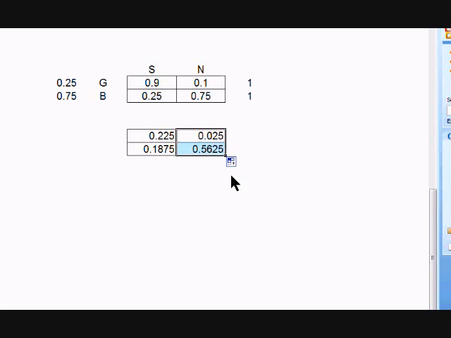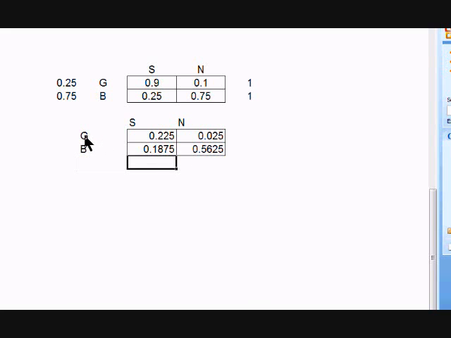And so what we have in this case is our joint probability table, and we have steady job, no steady job, good credit, bad credit. And so what is the probability of having good credit?